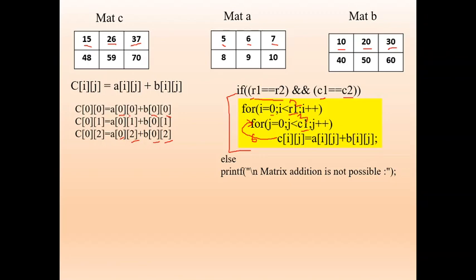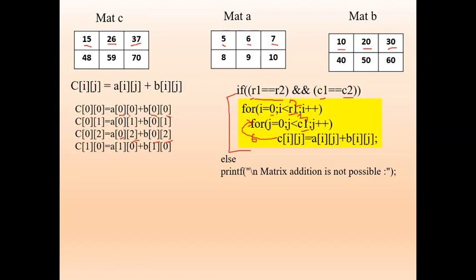Next, j value will be 3. But j is less than C1 is the condition, which is false. False means it will move to the outer loop. Now my I value will be 1. So I am starting from C10 now.